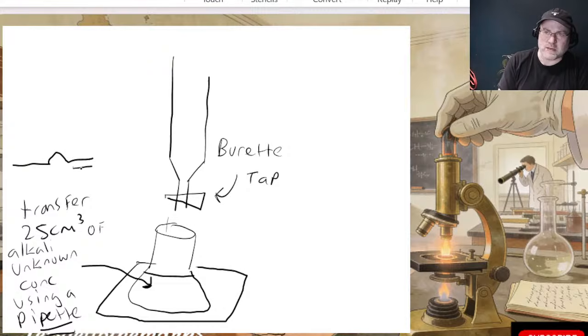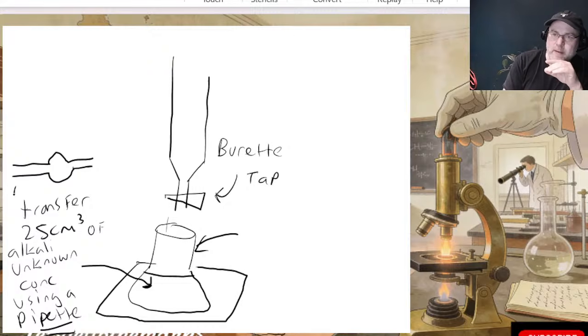It's like a long glass or plastic thing, and you suck up all the liquid. Anyway, you're going to transfer 25 centimeters in there. Generally it's 25. So that would be my number one, transfer 25 centimeters of either the acid or the alkali there. It doesn't matter if it's the unknown or the one you know about, just transfer 25 there using a pipette, and that's your first point.